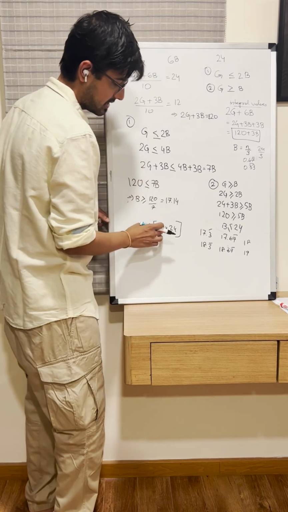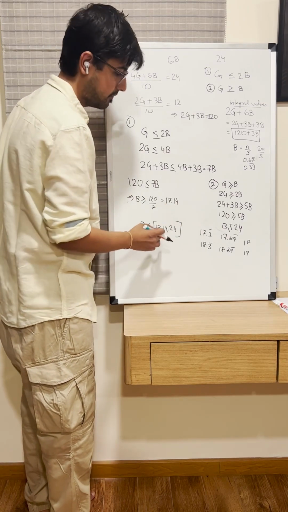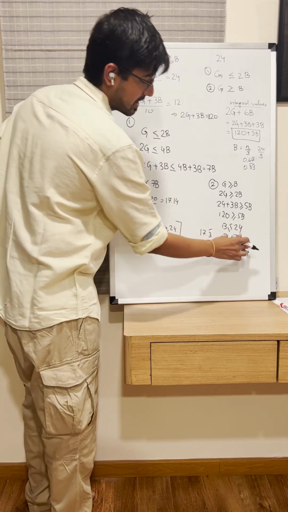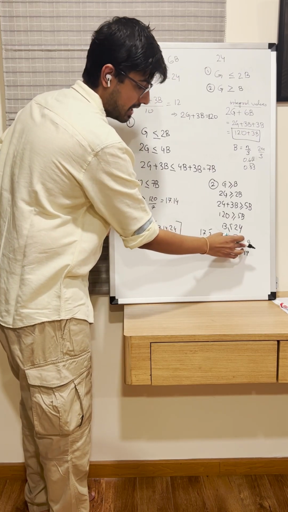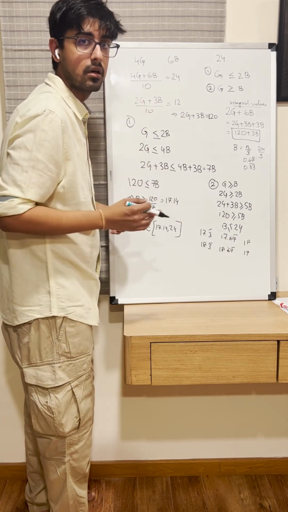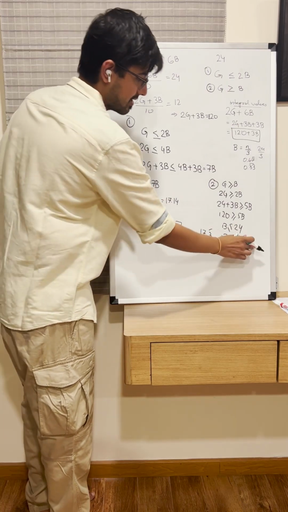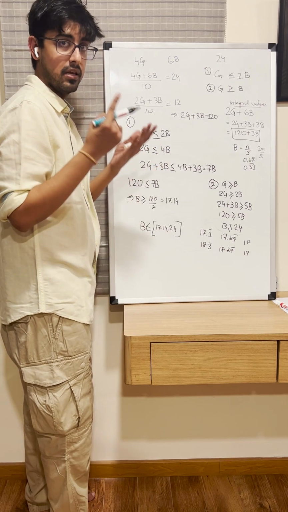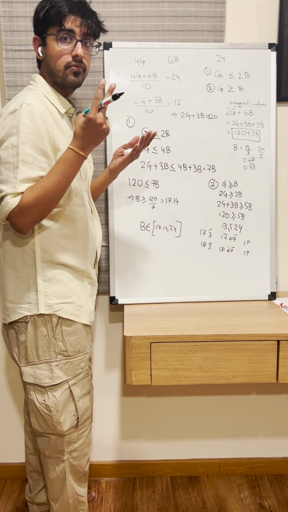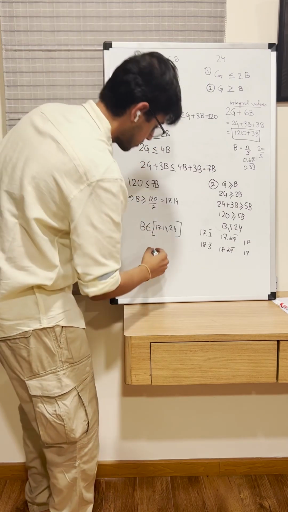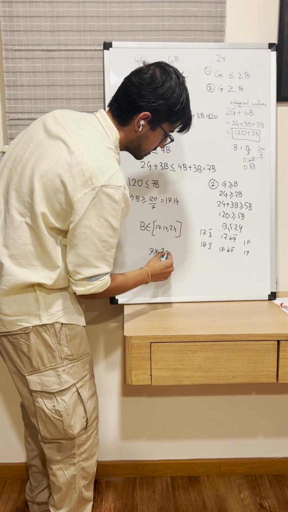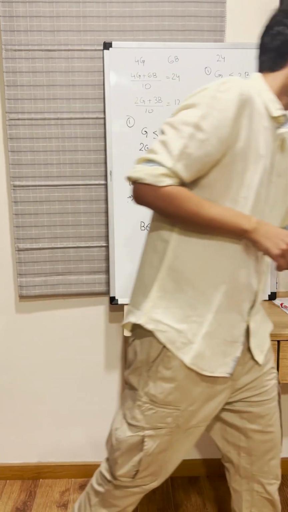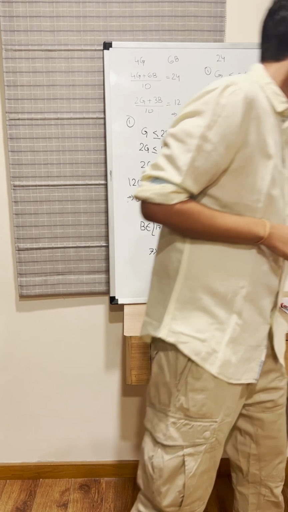So from 17.14 to 18, B can take 3 values. From 18 to 19, B can take 3 values. Every integer from 18 to 24, B can take 3 values. So 18, 19, 20, 21, 22, 23. That is 6, and 24. That is 7. So 7 into 3, which is 21. So the answer to this question is 21 number of values.